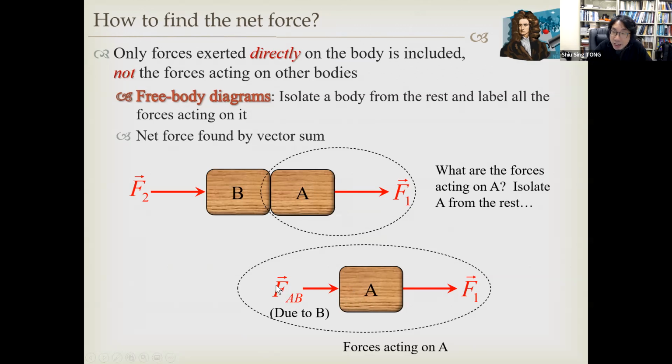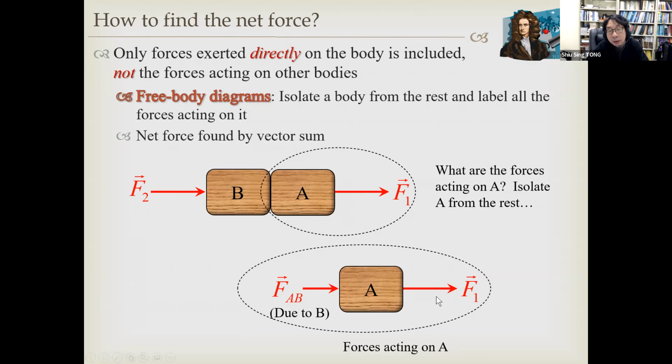But this force is not necessarily equal to F2. They might be different. The force acting on body B may not be equal to the force exerted by B on A. So when I isolate body A to form a free-body diagram, you cannot include the force F2 as a force acting on A. You should count only the forces that are in direct contact with A. So those two forces include F1 and FAB only.